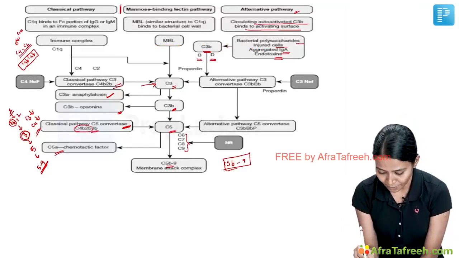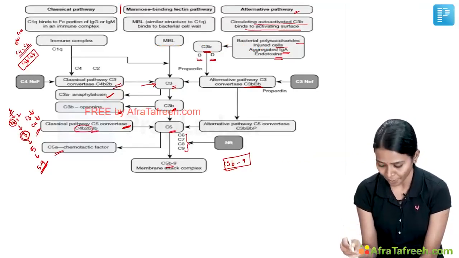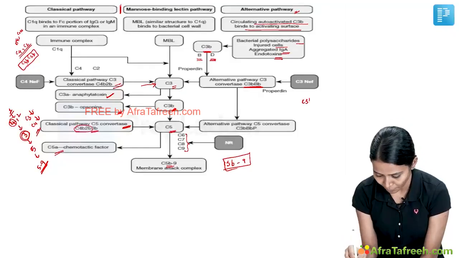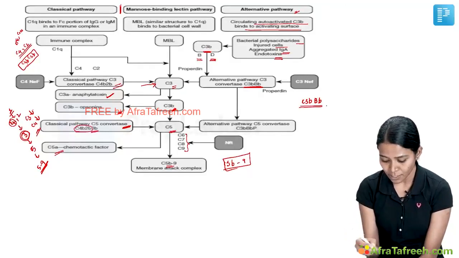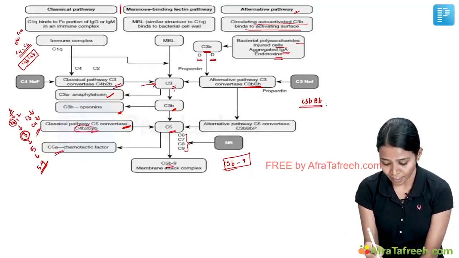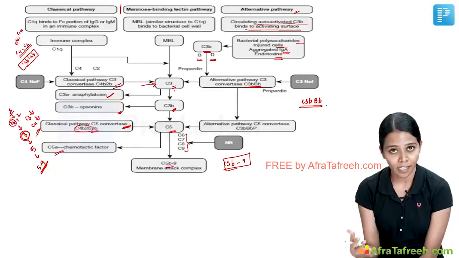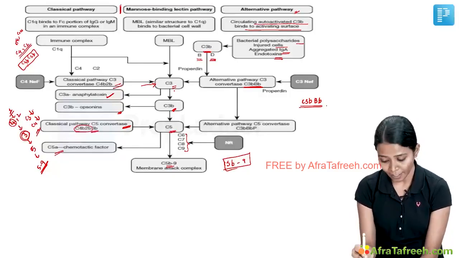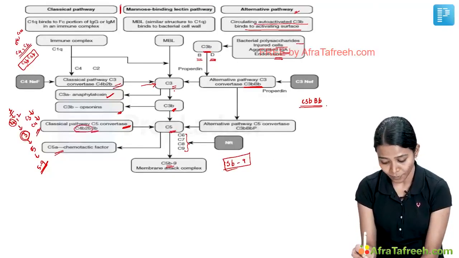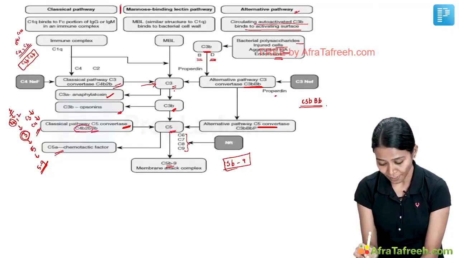This C3 convertase is nothing but the activation product of C3b and factor B. Now, this goes and activates C3. It produces C3a and C3b. C3a acts as anaphylatoxin. C3b again binds with this along with properdin, causing formation of C5 convertase.